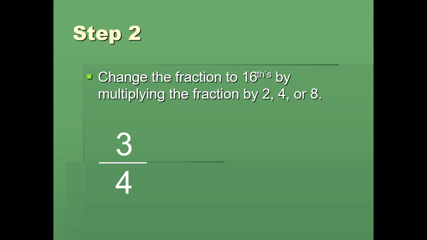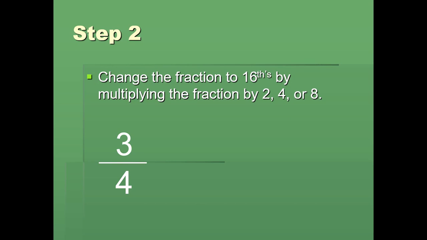And then we reduced that measurement if we had an even number on top. Well, before we can count any lines, we have to get that number, that fraction, I should say, back into sixteenths. So if we look at our fraction 3/4, we don't have 16 on the bottom. We need to get 16 on the bottom. And remember, when we reduced, we divided the top and bottom by the same thing. This time, we're going to multiply the top and bottom by the same thing.